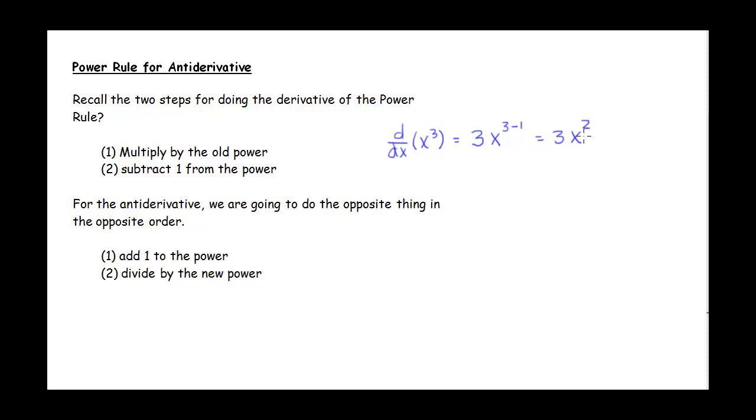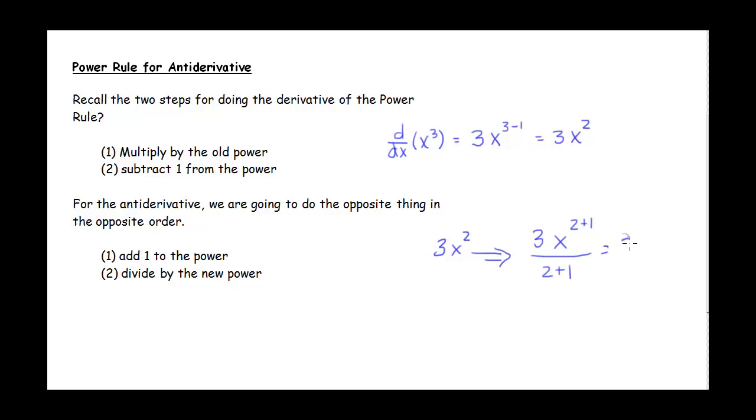Now if we're trying to undo that, we're trying to find the indefinite integral or the antiderivative, we have to do the opposite. So we have to add 1 to our exponent. So if we have 3x squared and we're trying to get back to this original thing, we have to add 1 to the exponent and divide by that new exponent.